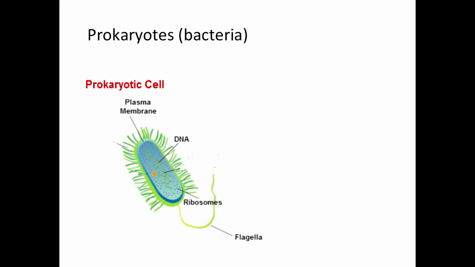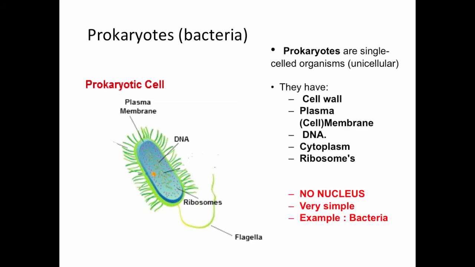Let's look at a prokaryotic cell. You would commonly call them bacteria cells. So if you've ever had strep throat or E. coli or salmonella, those are all bacteria cells. And they're so small that they can actually fit inside of our cells. What are they made up of? They have a cell wall, a plasma membrane, DNA, cytoplasm, and ribosomes, as we said before.